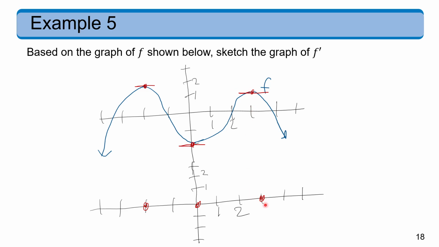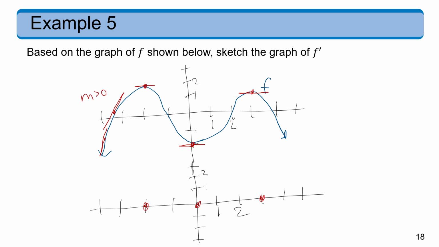Then, the next thing is to start looking at these subintervals created by the dots I just made. So for example, to the left of this red dot, let's see what's happening. At any point here, if you envision the tangent line, it would be a positive slope. That's true on all of these in this subinterval. So the slopes here are positive.